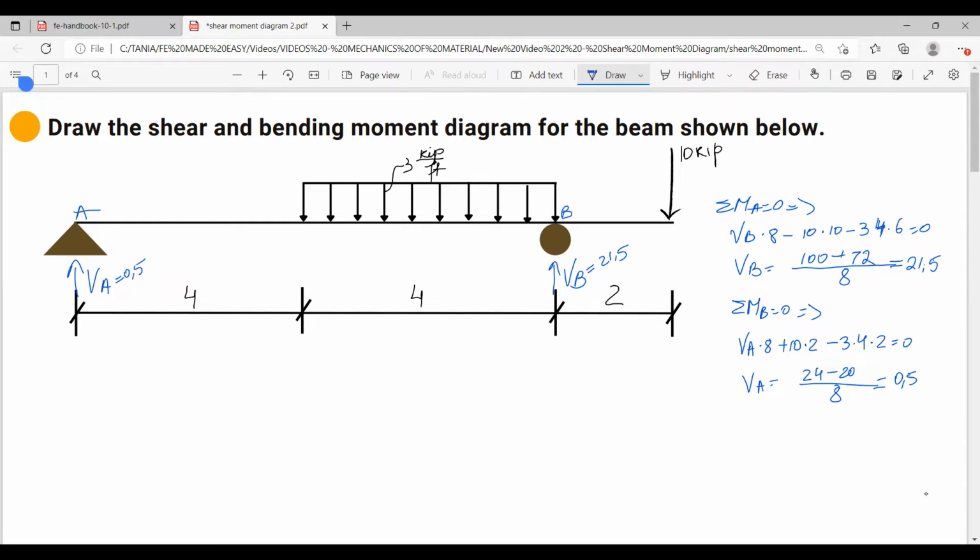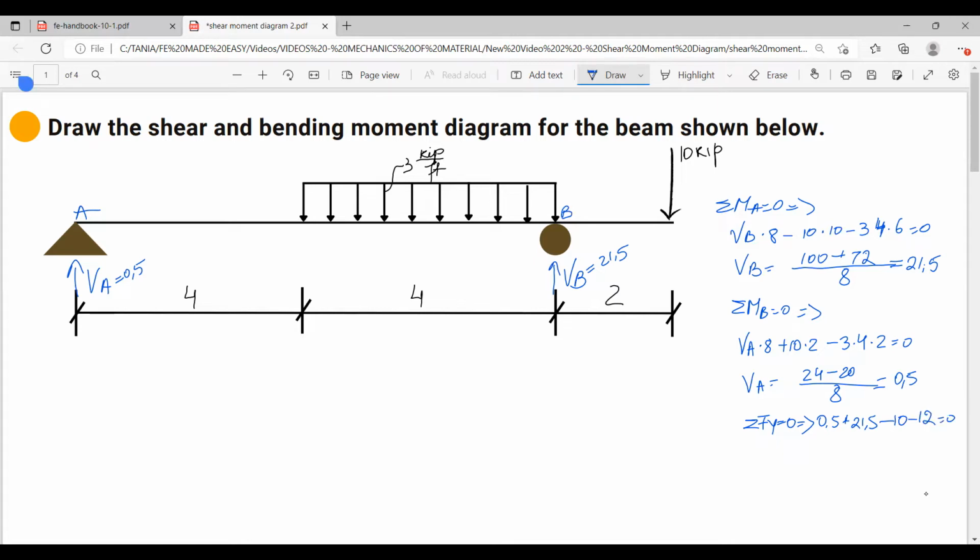So 0.5. And it's a good thing to verify yourself by doing sum of forces in the y direction equals 0. So we'll have VA 0.5 plus VB 21.5 minus 10 kips and minus 3 times 4, which is 12, equals 0.